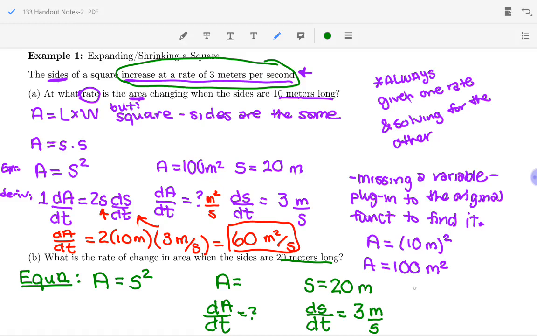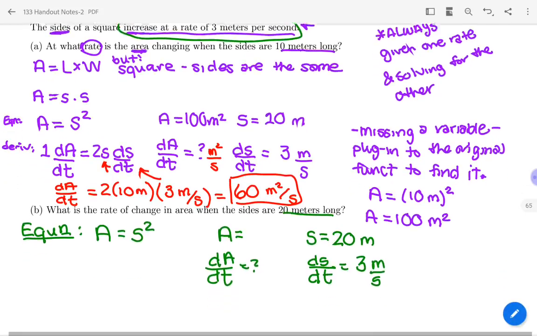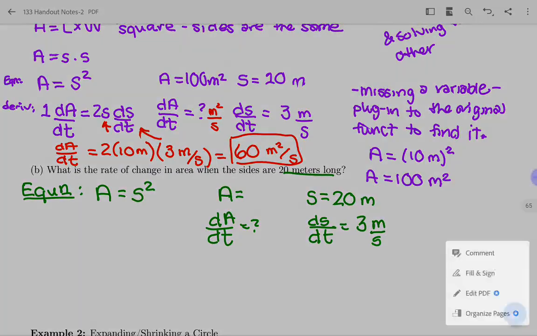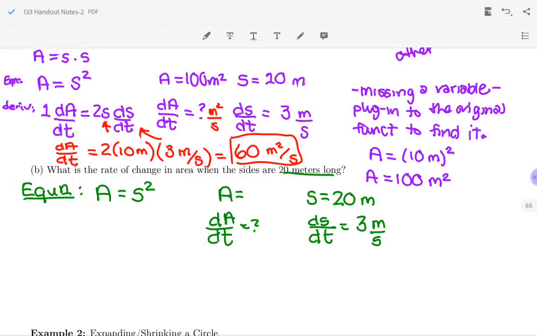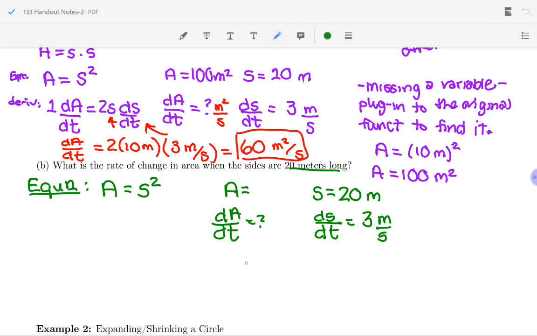But to find a missing variable, you plug into the original. So I would go back into my original function, which is A equals S squared. And I would plug in to find A. So if I want to find A, which we may not need, if you're ever missing a variable though, you plug into the original. So A equals S squared.